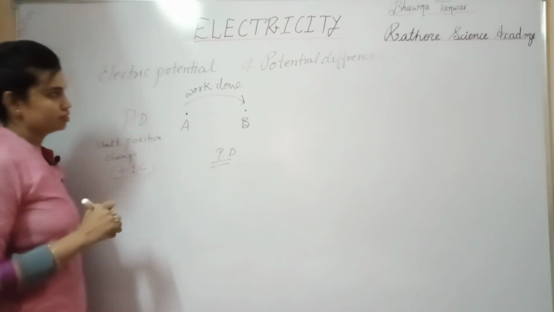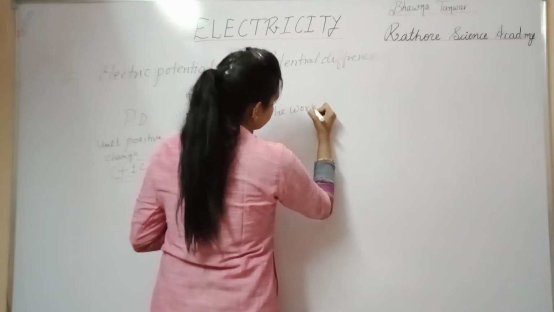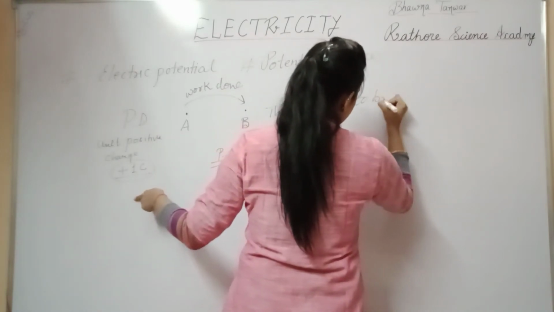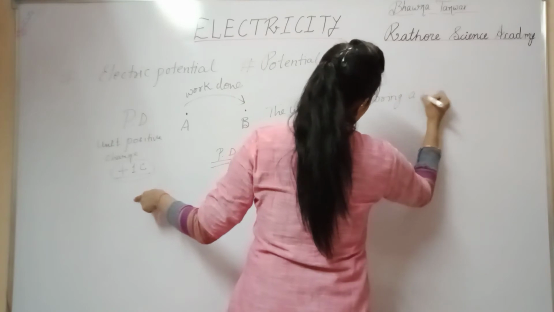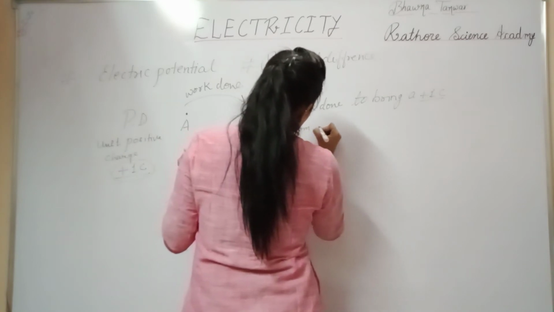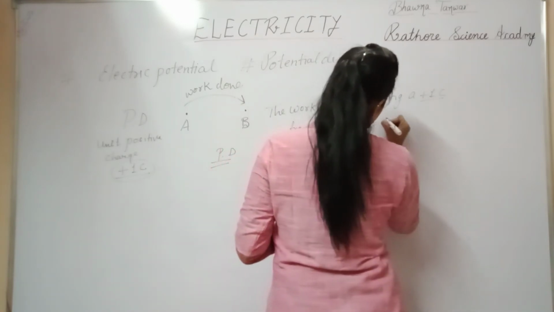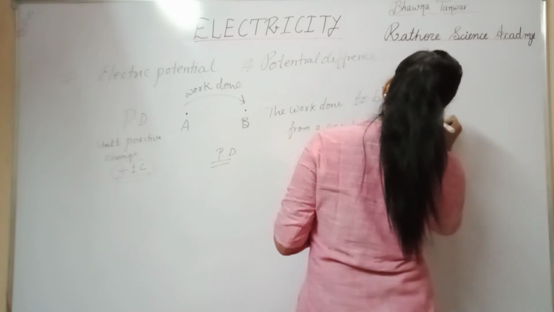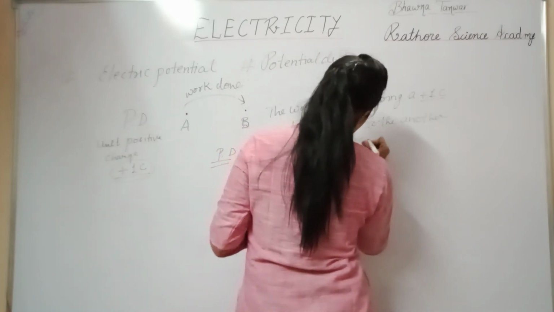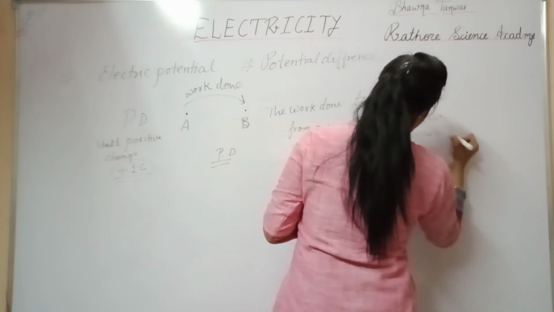The work done to bring a unit positive charge from a point to another point of a circuit is known as potential difference.